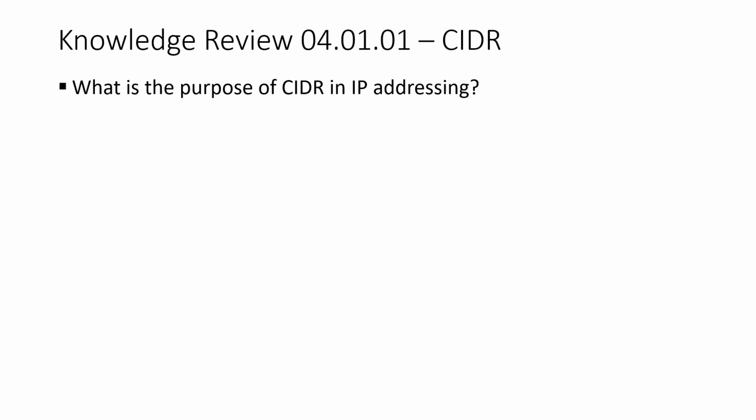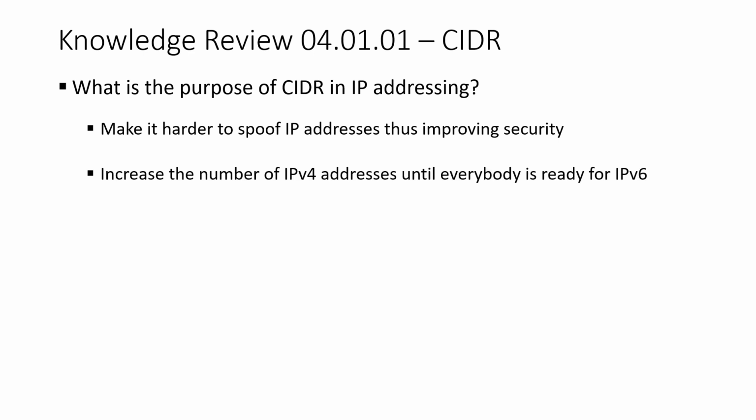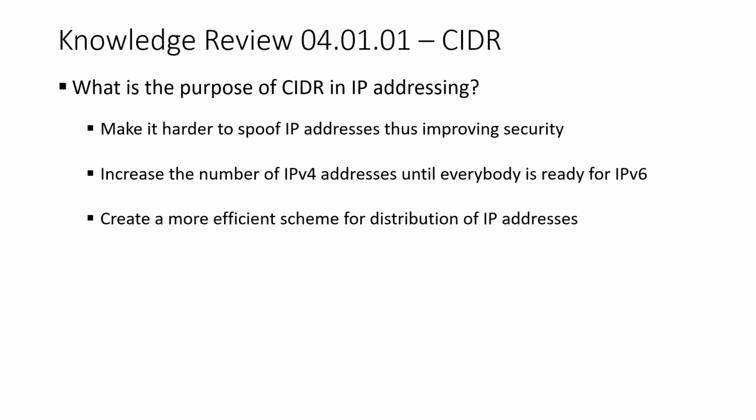This ends the first part of Module 4. Time to do a quick knowledge check. What is the purpose of CIDR in IP addressing? Make it harder to spoof IP addresses, thus improving security. Increase the number of IPv4 addresses until everybody is ready for IPv6. Create a more efficient scheme for distribution of IP addresses.